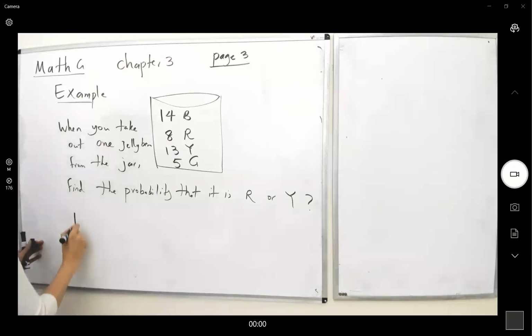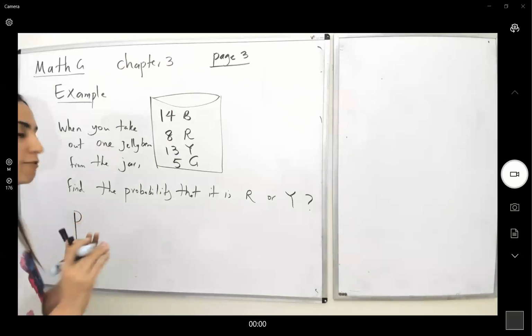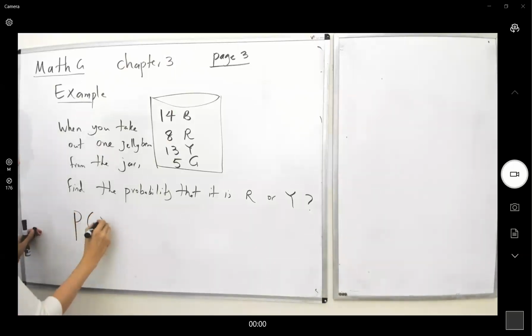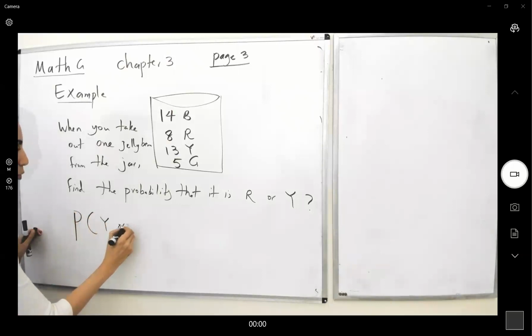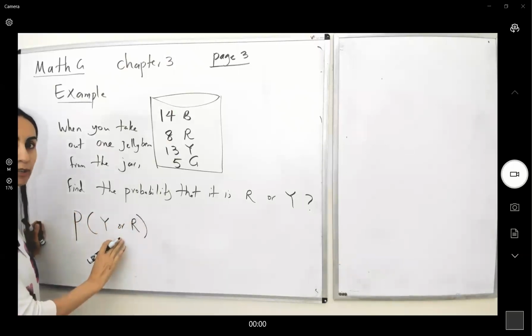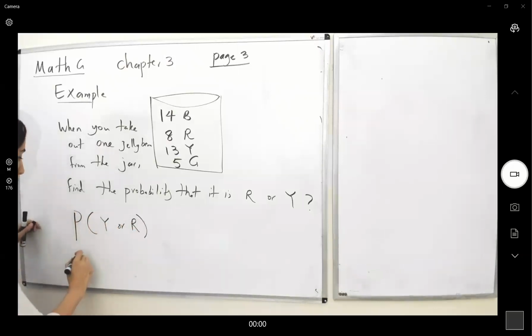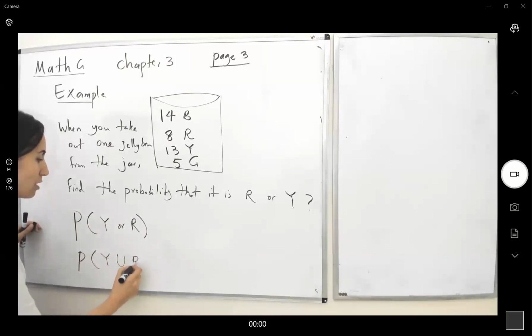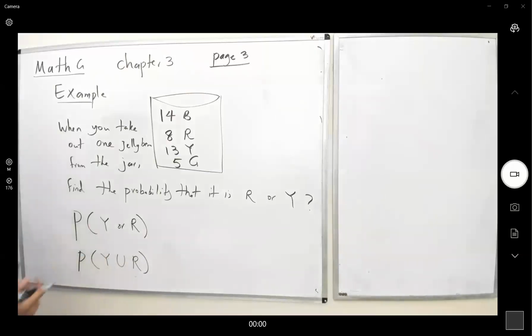This is the probability that we're looking for, the probability of a compound event. Jelly bean is yellow or it is red. Remember that or actually translates into union. What's the probability of you have a yellow jelly bean or you have a red jelly bean? How do we calculate the union?